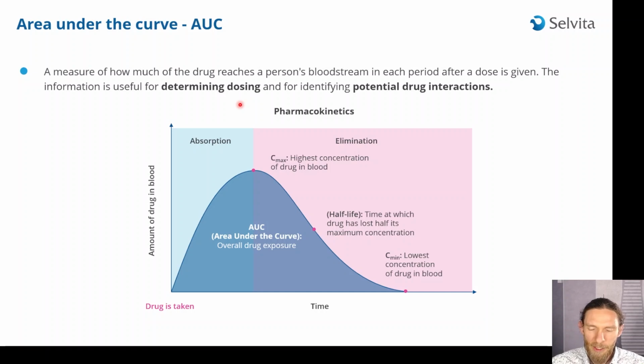Because to maintain a therapy, we need to design such a frequency of dosing to maintain a steady concentration of the drug in the bloodstream. And the concentration of the drug needs to be above the minimum efficacious concentration. It needs to be above the concentration required for the therapeutic effect to show up.